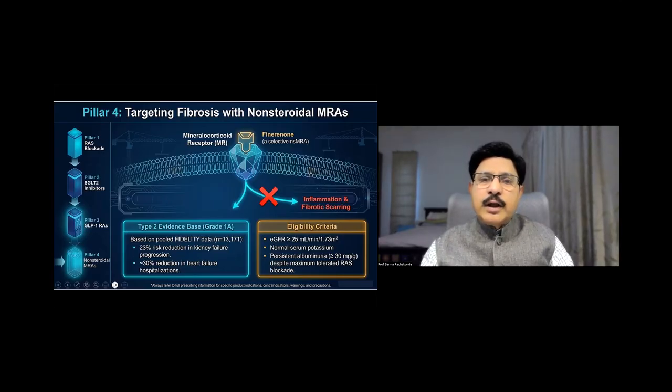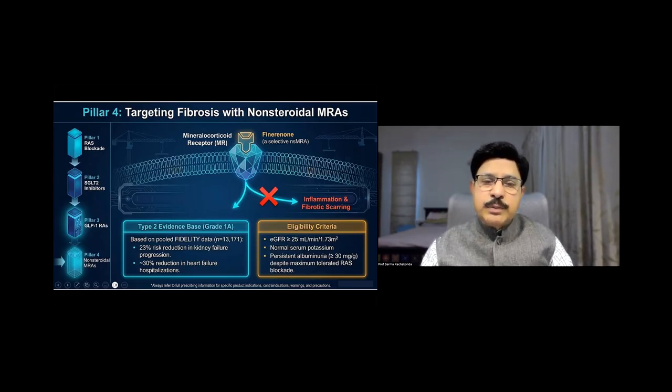That receptor takes the MR, that is the mineralocorticoid aldosterone. I go and block it with a selective NSMRA, which is called finerenone. This finerenone blocks the mineralocorticoid receptor. That means there is no accumulation of sodium in the body, no waterlogging. That's a better effect. And also inflammation and fibrotic scarring are stopped.